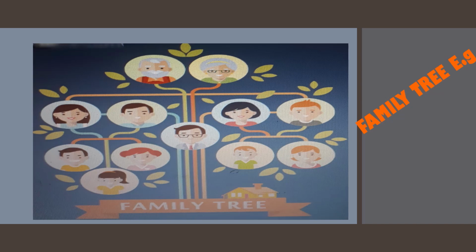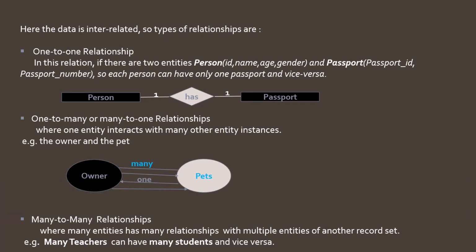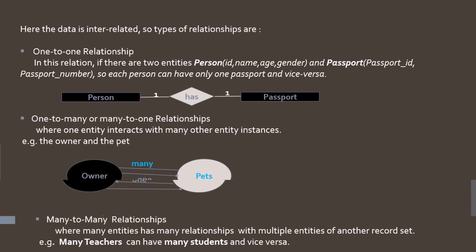We have only one grandpa and one grandma. They can have many children, nephews, and so on. So one-to-one, one-to-many, many-to-many. Uncles, father, grandpa, grandma. Yeah, this family tree explains everything we learn here. Okay, that's good.